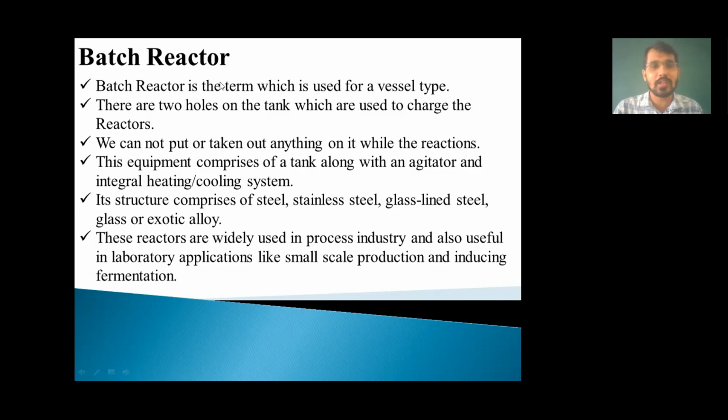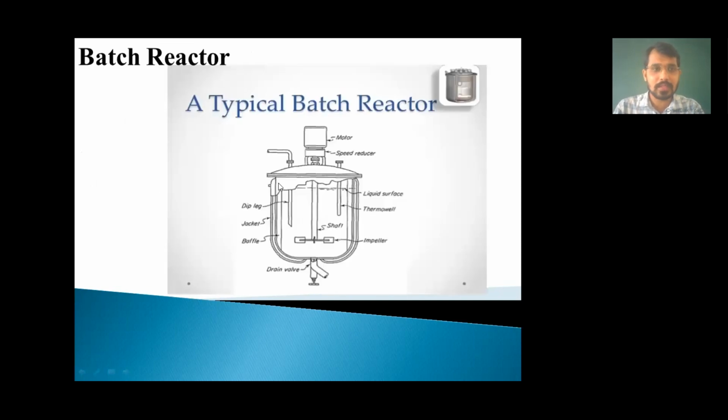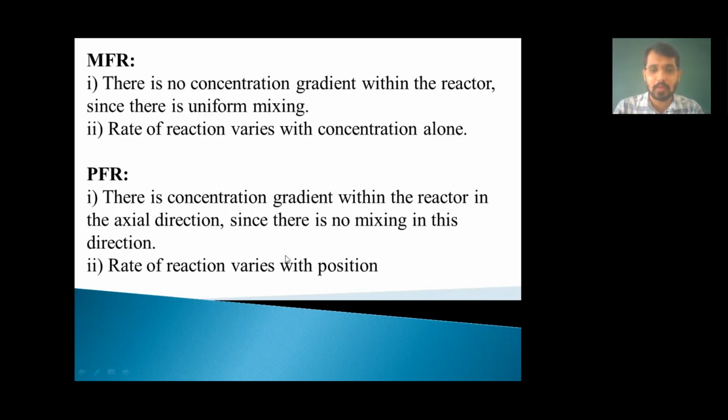The next point about batch reactor is that this equipment comprises a tank along with an agitator and an integrated heating and cooling system. I already told you this is a batch reactor which consists of baffle, impeller, thermowell, liquid surface, speed reducer, dip leg, jacket, drain valve and motor.